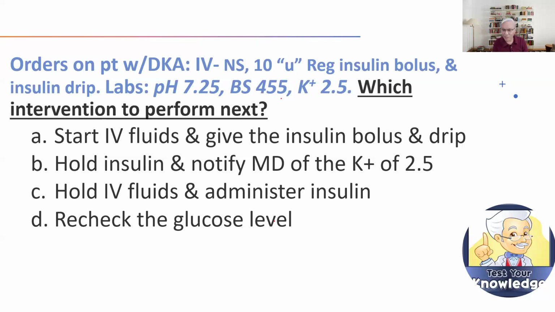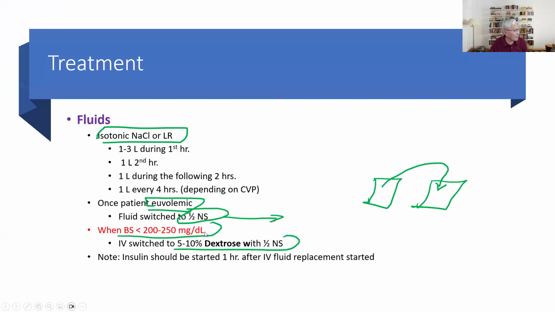Remember, when insulin is given, it helps to take potassium back into the cell, which will cause potassium blood levels to fall. Insulin therapy is to be started only if the patient's potassium level is 3.3. You remember that? We only started if the potassium level is 3.3.